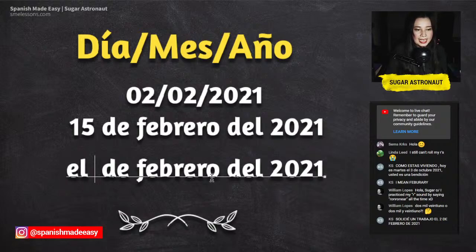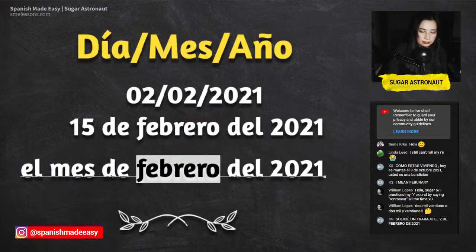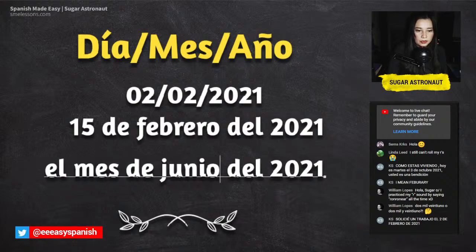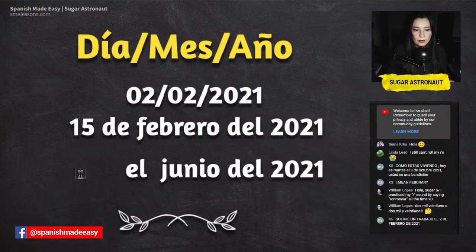So you can say el mes de febrero del 2021, or el mes de junio del 2021. So please don't say el junio del 2021, because that doesn't make any sense.